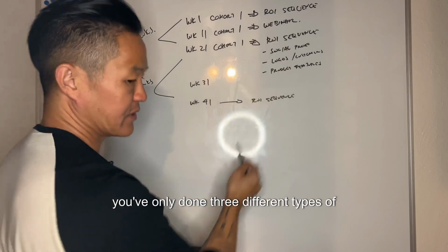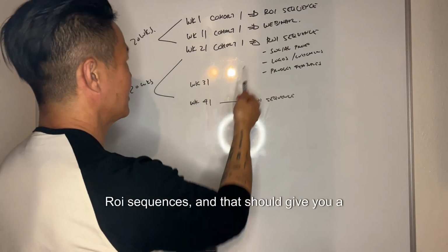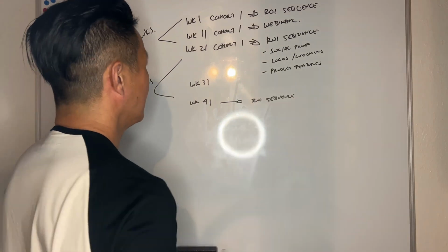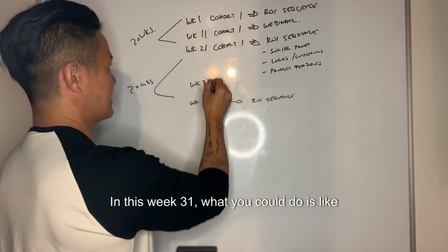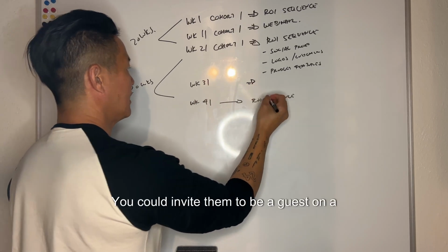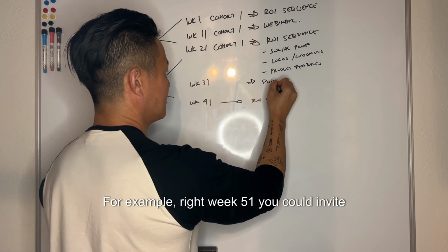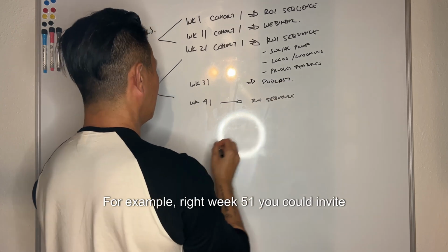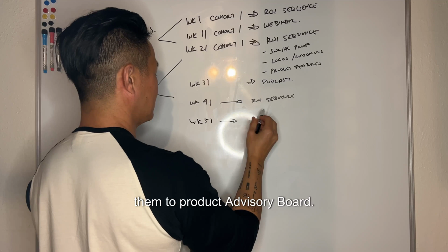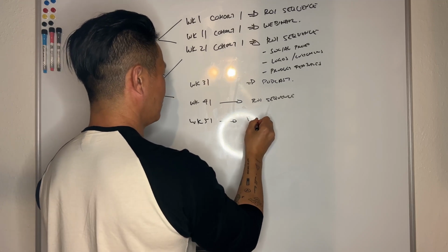You've only done 3 different types of ROI sequences, and that should give you a lot of time to add a bunch more of this stuff. In this week 31, what you could do is, instead of a webinar, invite them to be a guest on a podcast, for example, right? Week 51, you could invite them to a product advisory board.